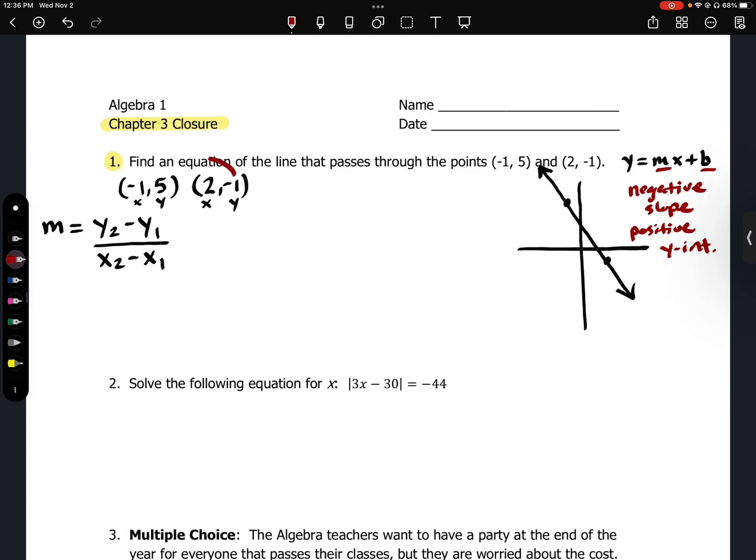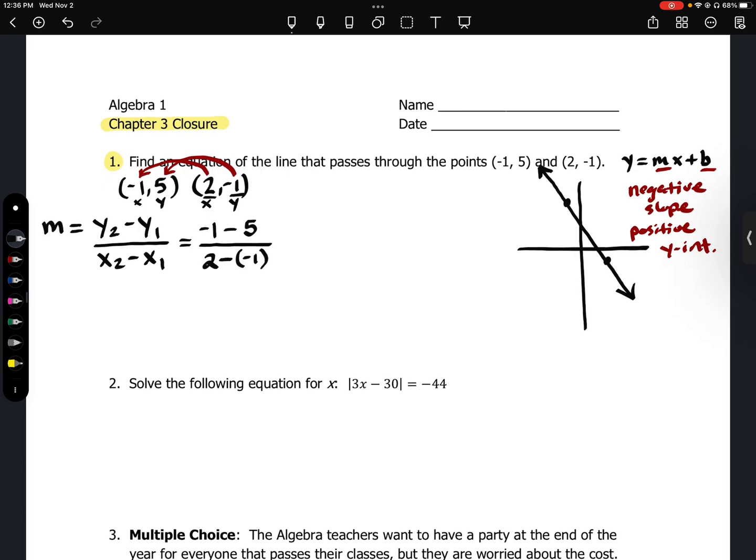And if I choose to go -1 minus 5, then I have to go 2 minus -1, right? You've got to start with the same point when you're doing your math. So our y2 is this -1 minus the 5, over, then we'll start with this 2, so we'll say 2 minus, and then we have a -1.